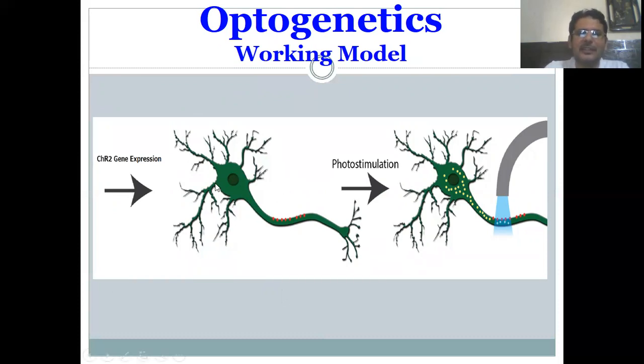Actually, in this case, we introduce the genes which are photoreceptors, for example, the channelrhodopsin protein, ChR2. So we introduce this channelrhodopsin, and then we can activate it with the specific wavelength. And if we can activate, then we can activate some specific neuronal circuit, and we can achieve some specific behavior.